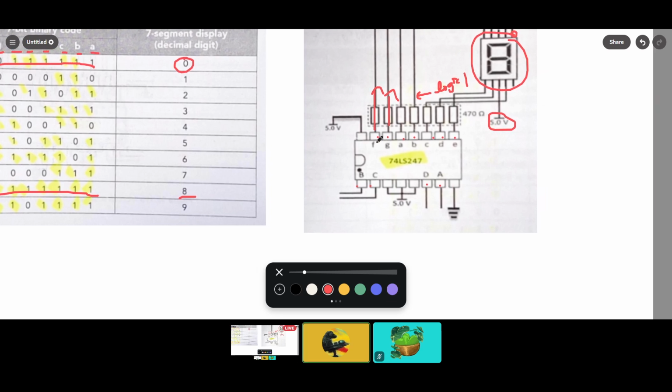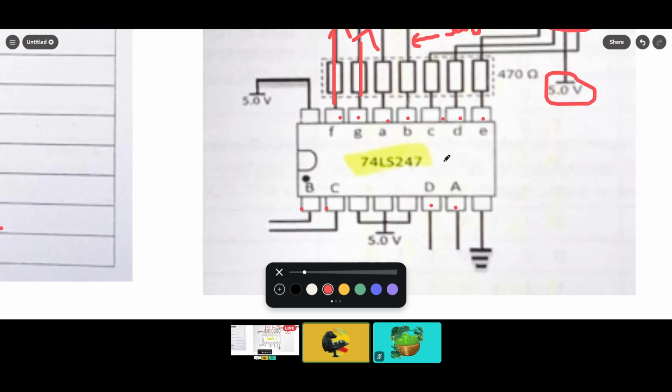Do you need to memorize the configuration of this? Honestly, I'm not too sure if in the examination they'll tell you, this is pin A, this is pin D, this is pin C, this is pin B. Personally, I'm not going to memorize this at all.